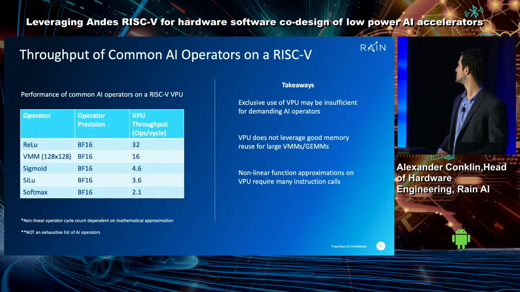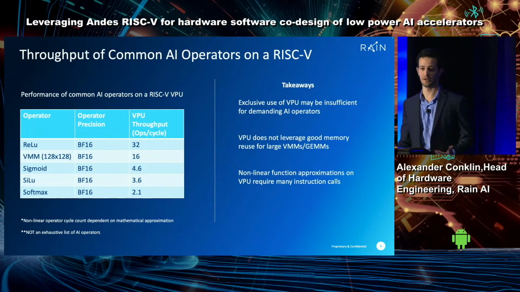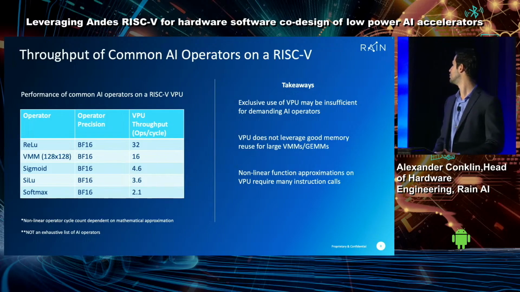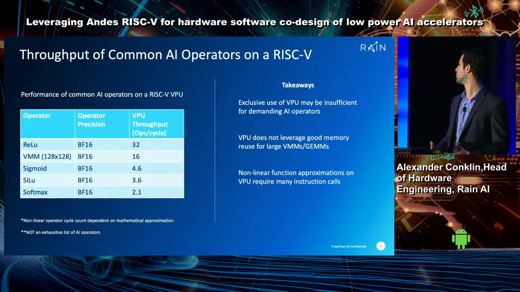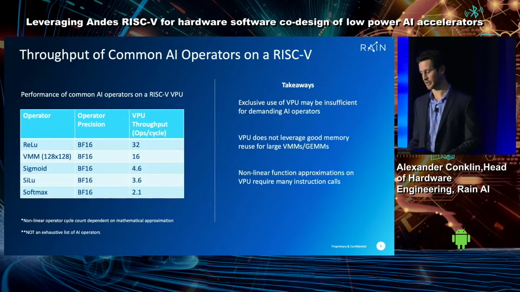So some takeaways: exclusive use of the VPU may be insufficient for demanding AI operators. The VPU doesn't fully leverage good memory reuse for VMMs and GEMMs, and nonlinear function approximations can be challenging and require many instruction calls.